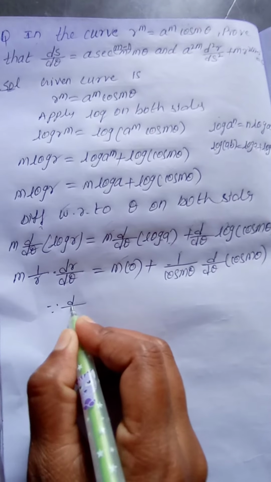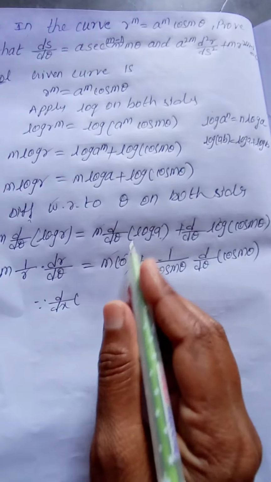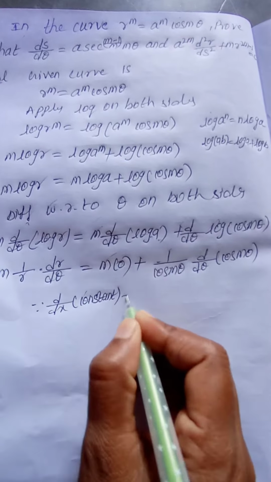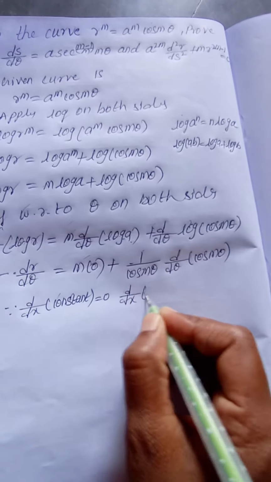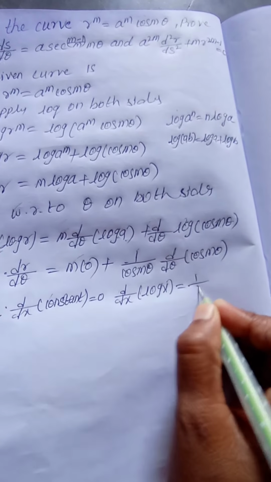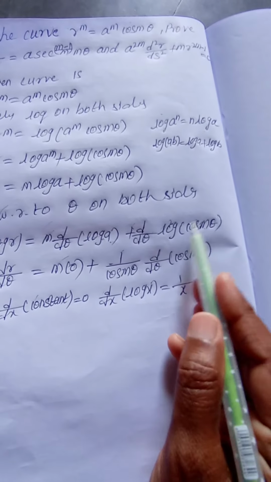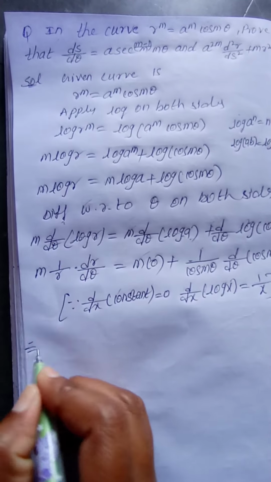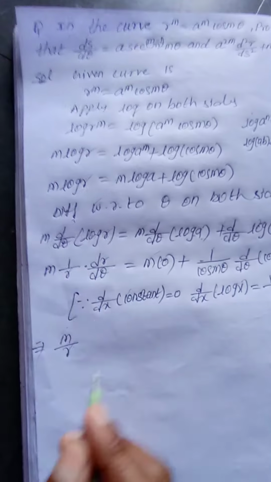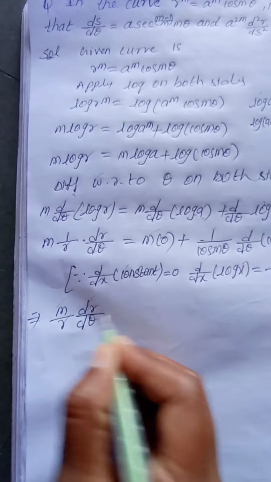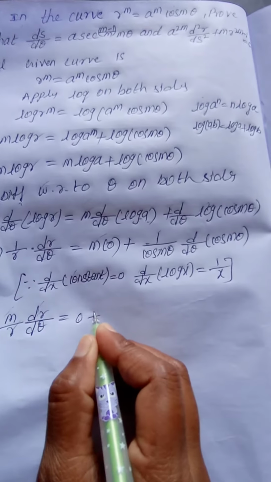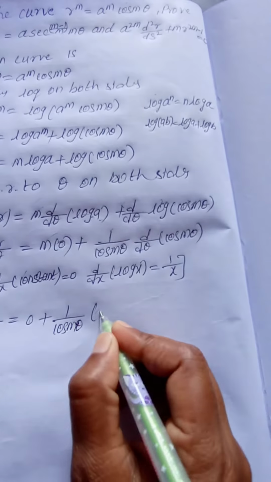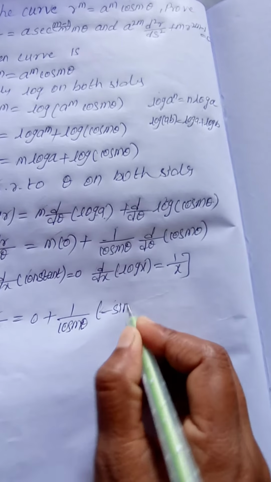So that implies m by r, dr by d theta equals 0 plus 1 by cos of m theta into d by d theta of cos m theta. Cos differentiation is minus sin m theta.